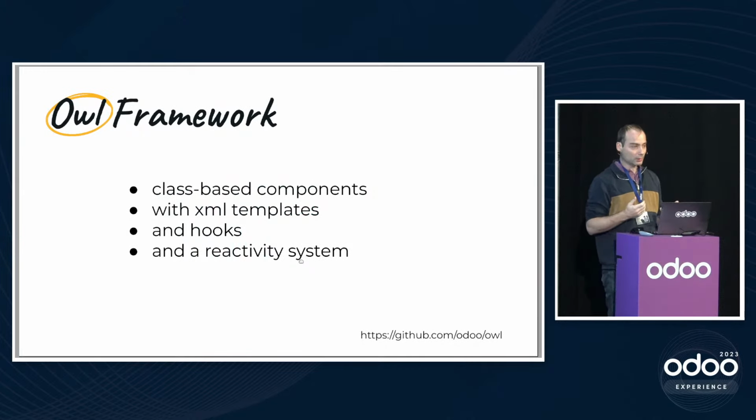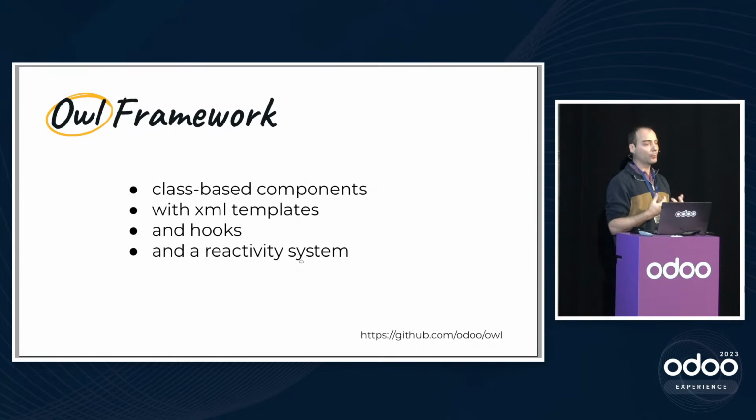Now, OWL is a custom-made framework for Odoo. It's class-based, so you write components as classes and not as functions. For now, most mainstream frameworks tend to use functions, and it's very nice. But for what we are doing with our framework, it's not what we prefer. We prefer to use classes for many reasons.